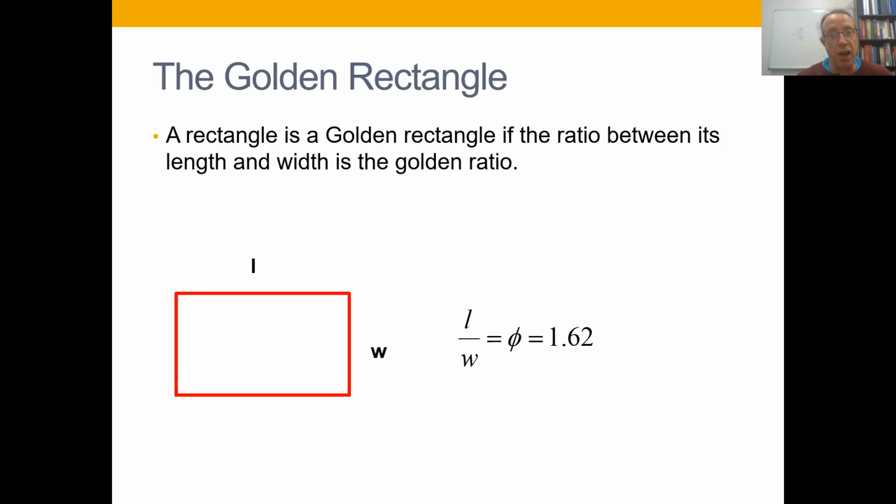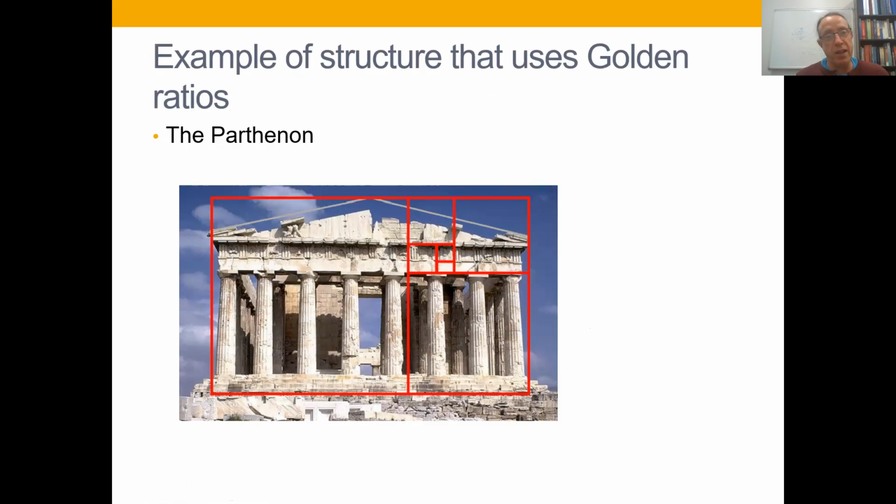So anyway, this ratio, this 1.62, can be used in some very basic ways with a golden rectangle. If you search on how golden rectangles are used, one example in the diagram is the Parthenon in Greece, which can be thought of as divided up into multiple different golden rectangles, or designed on basically a golden rectangle.